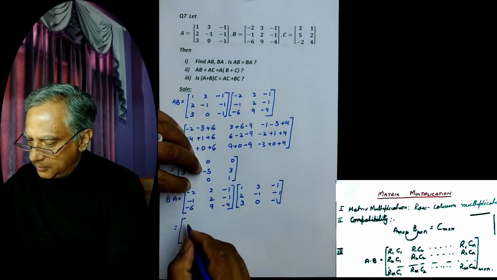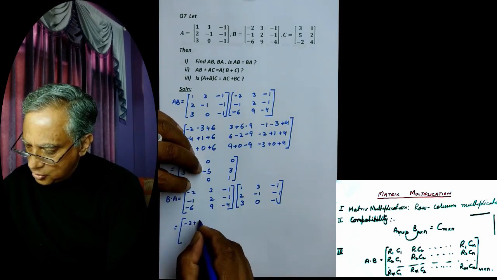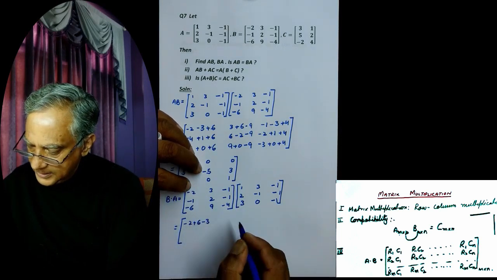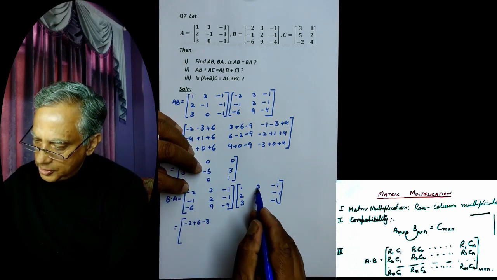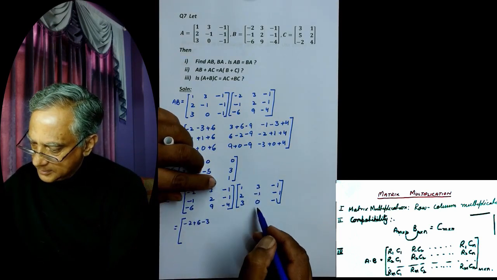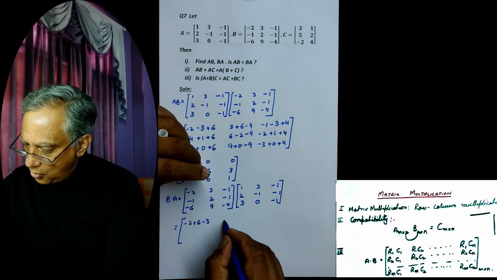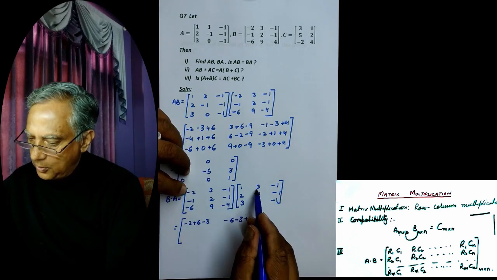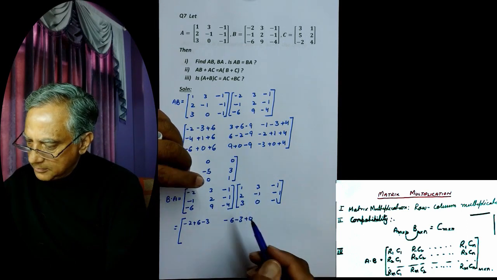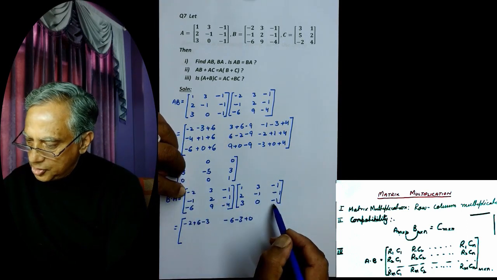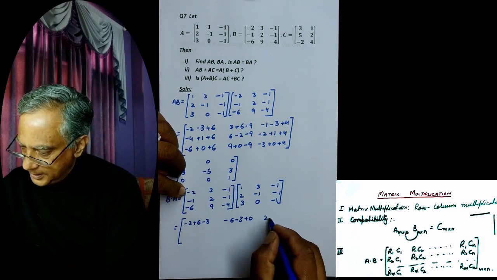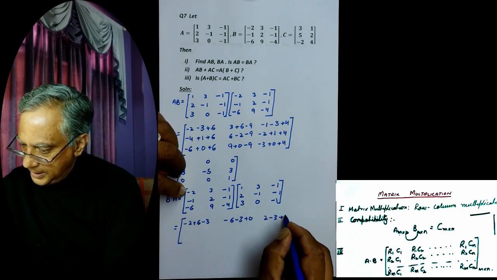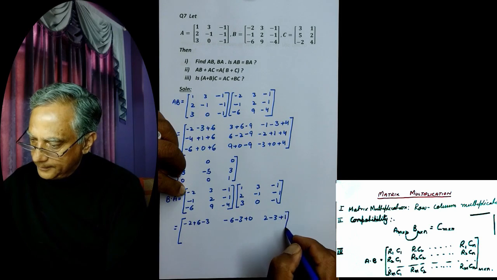This into this. Minus 6 minus 3, 0. This into this. This will be 2 minus 3 plus 1.